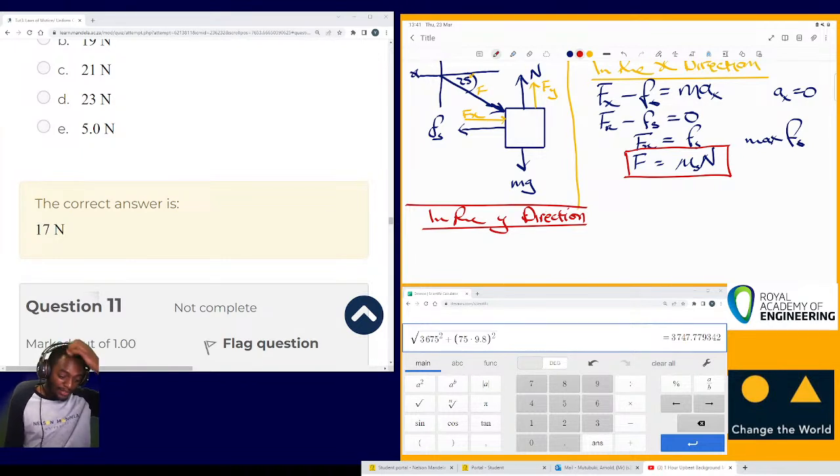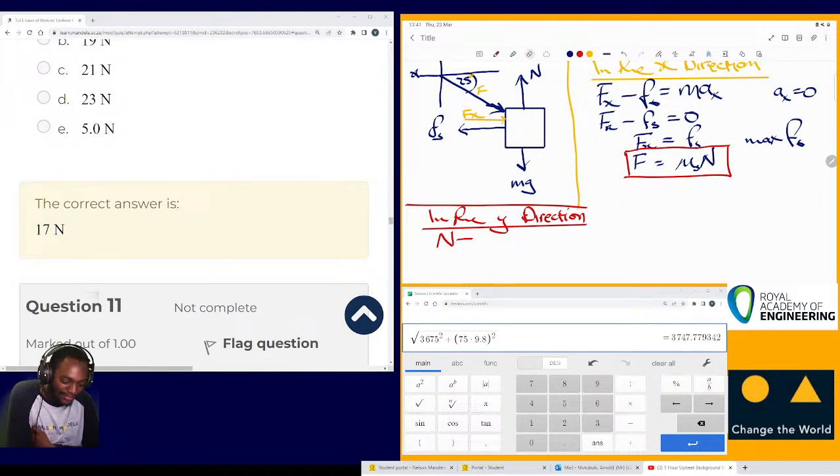We have two forces going up, one force going down, so that is going to be our N minus, or is it N plus Fy? Something is not proper with our Fy there. Do you notice? It's supposed to be going down. Yeah, right.